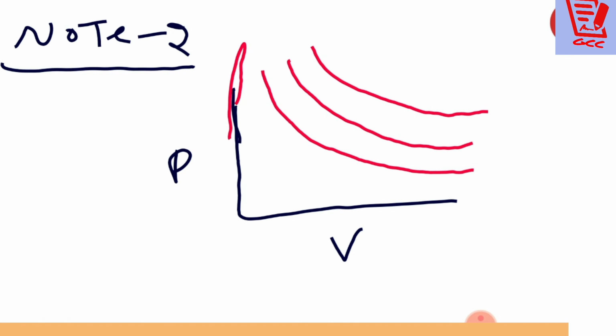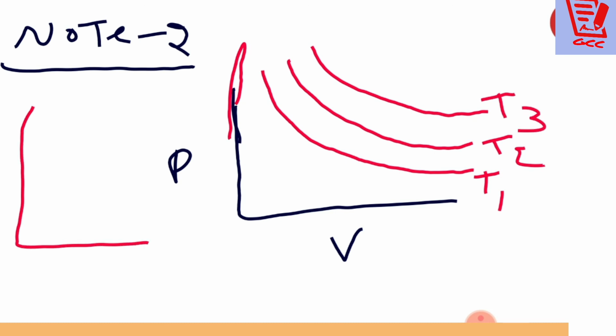And see here also temperature T1, T2 and T3. If you want to make one curve, you can make one curve also, PV, like this. Okay, this is also right. But here T1, T2, T3, 3 curves are there, and these temperatures are constant. This is also called isotherm curve.